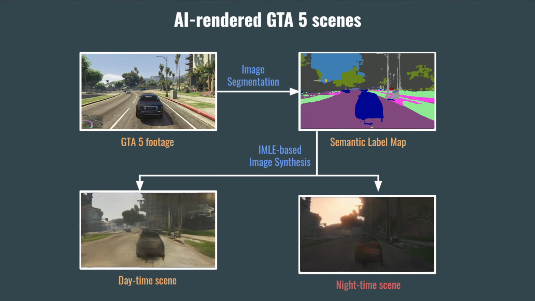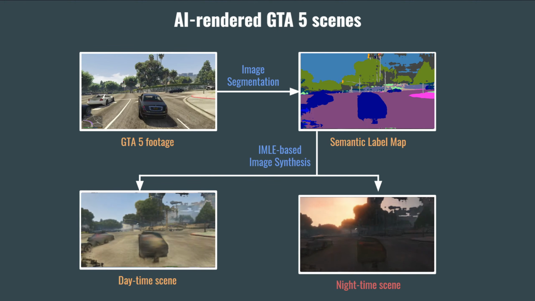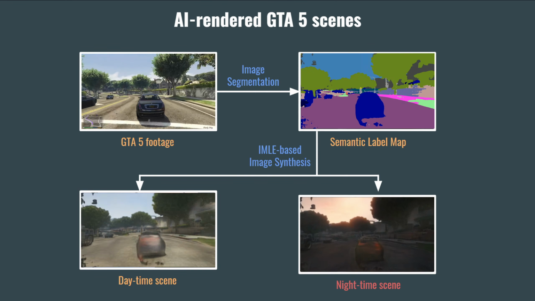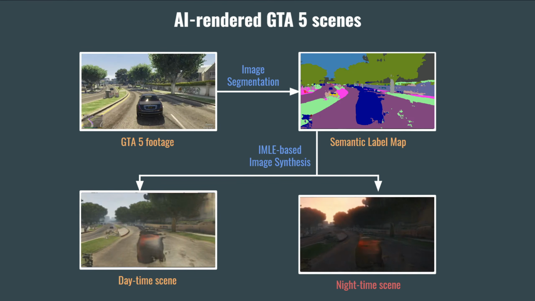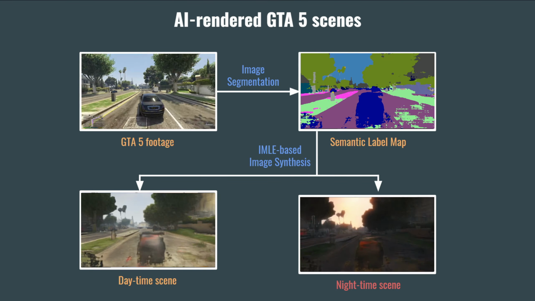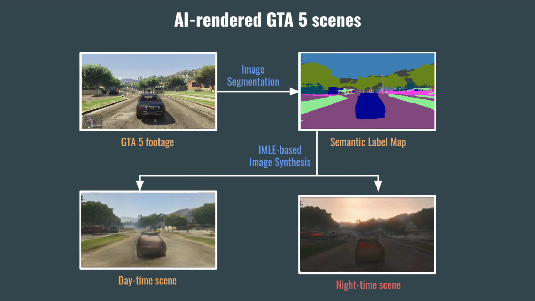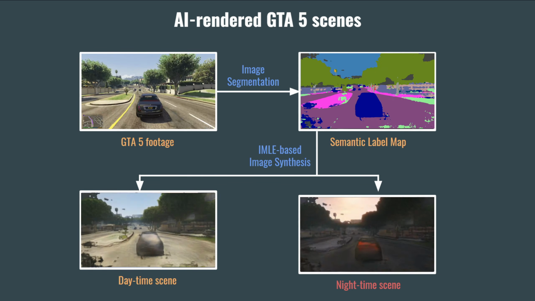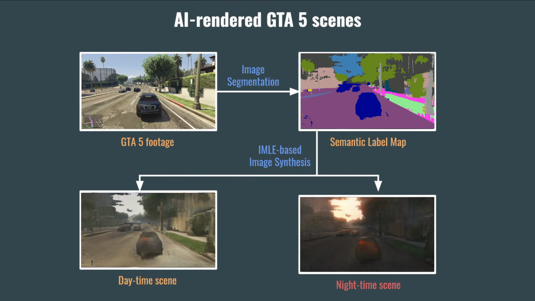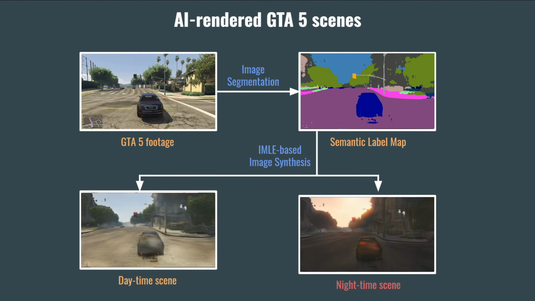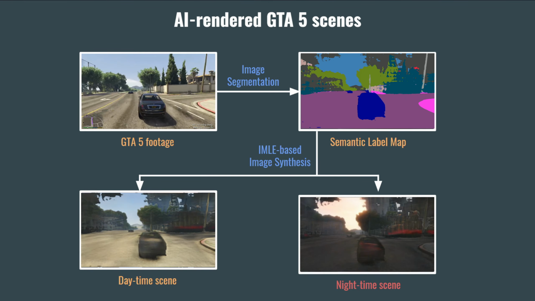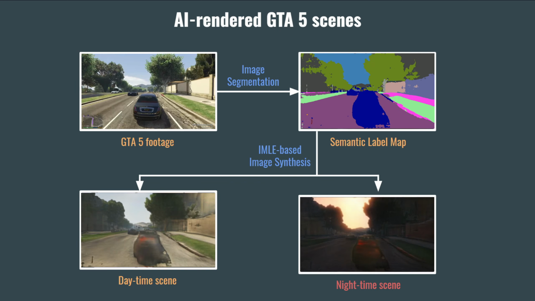Remember that both the daytime and nighttime images are generated here by the exact same network, and that is truly amazing. Now, there is some flickering between the frames, but that is coming from the imperfect semantic maps I obtained with the segmentation network and not due to this algorithm. So overall, I really like where this research is going.